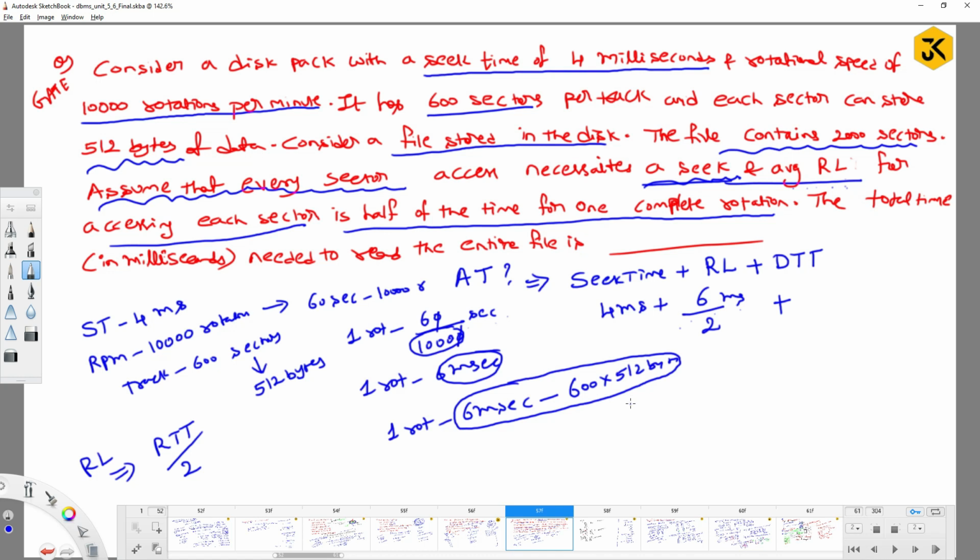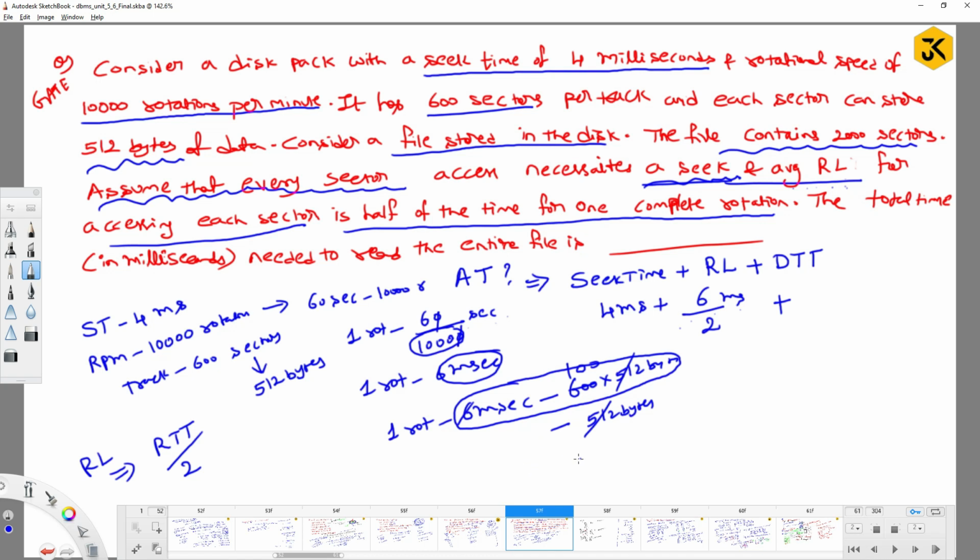What is our requirement here? For transferring one sector, that is 512 bytes of data. So if I calculate for 512 bytes, the 512 is going to be cancelled, leaving 1 by 100.